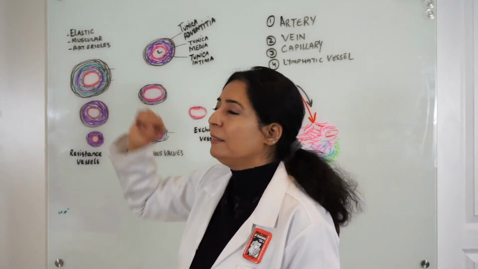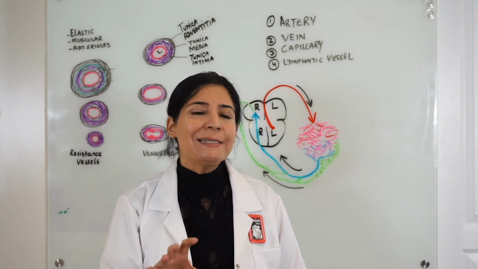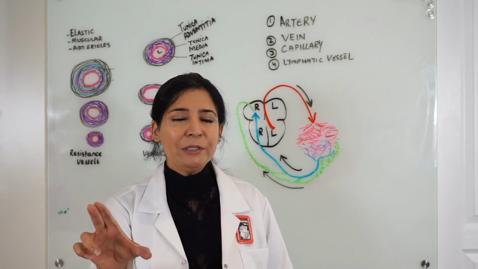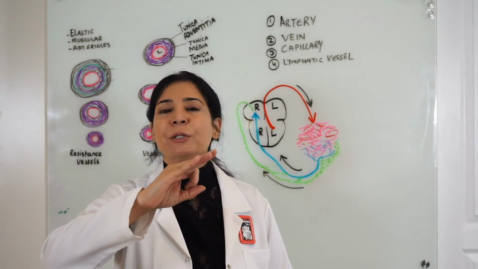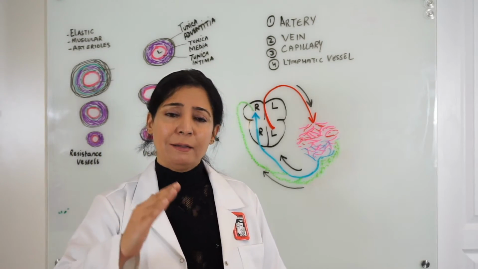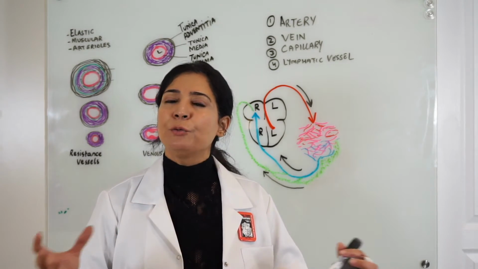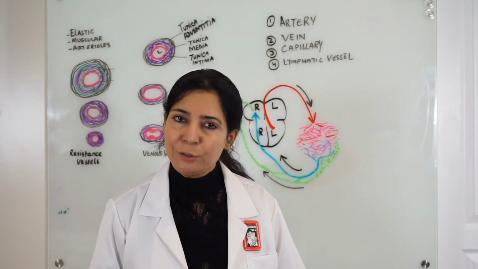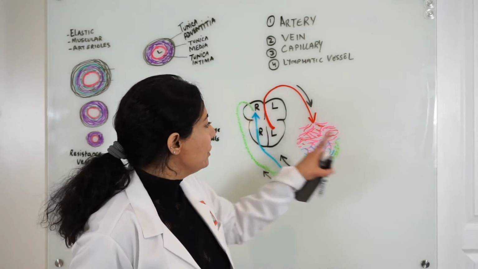Then we have the small arteries, which are 2 millimeters or less than 2 millimeters in diameter. Okay, so the small arteries are almost at the tissue level. And arterioles, which we just have seen.